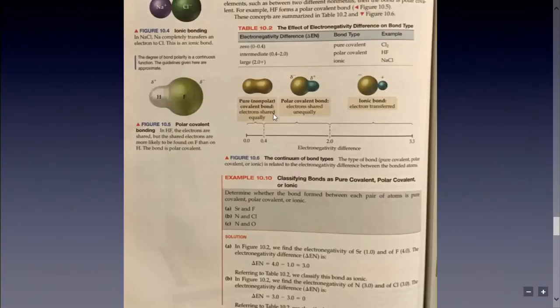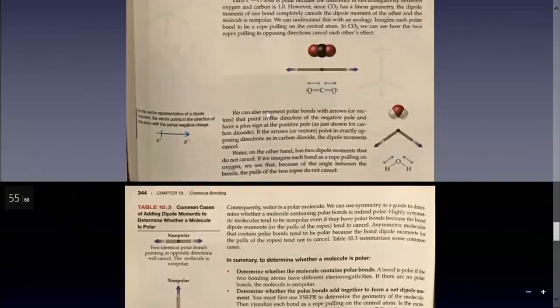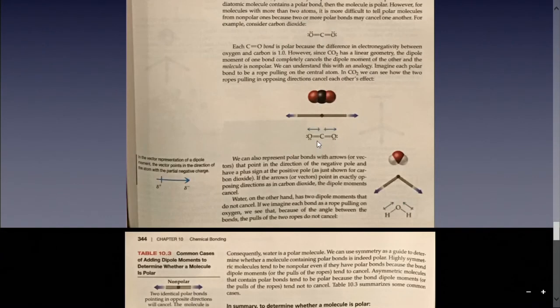Let's say I give a molecule like this, and I say determine the type of bond between carbon and oxygen in this molecule. Well, that's polar. The bond there is polar, but the molecule is nonpolar because both polar bonds are canceling each other out. Does that make sense?